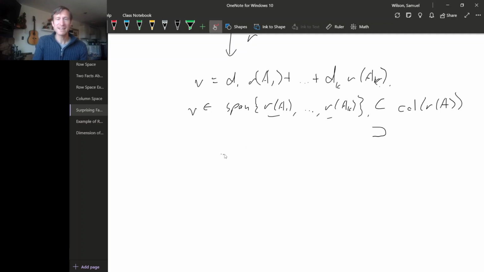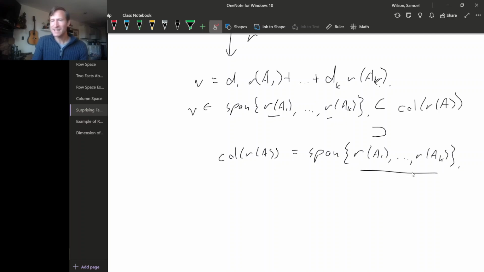So this means that the column space after the row operation is spanned by these first k columns after the row operation, up to k. But we already know that these are linearly independent.